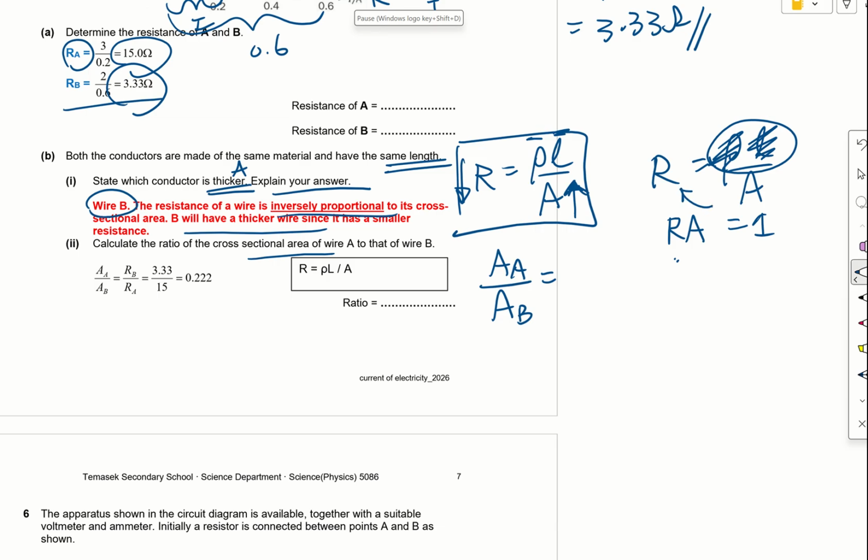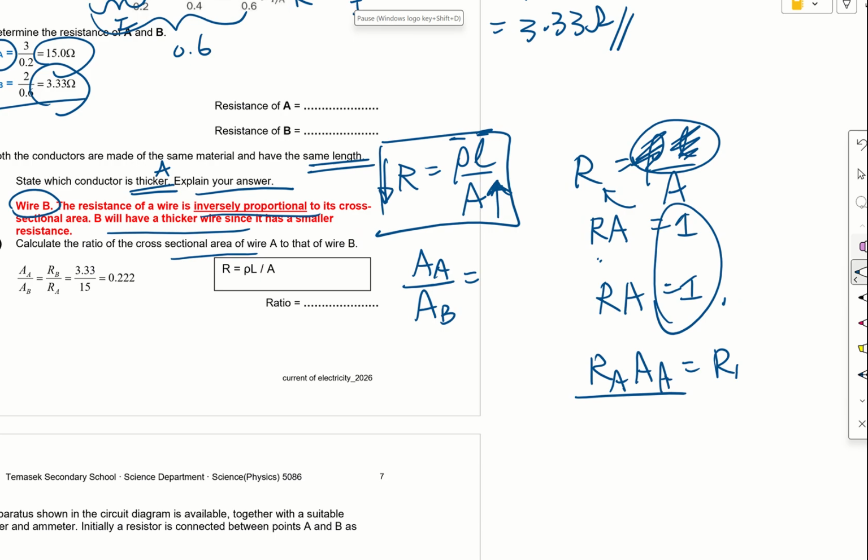Then for RB, the second resistor, I will also have RA equals 1. That means I can form an equation, because they are both the same, right? So can I say that RA times AA is equal to RB times AB?